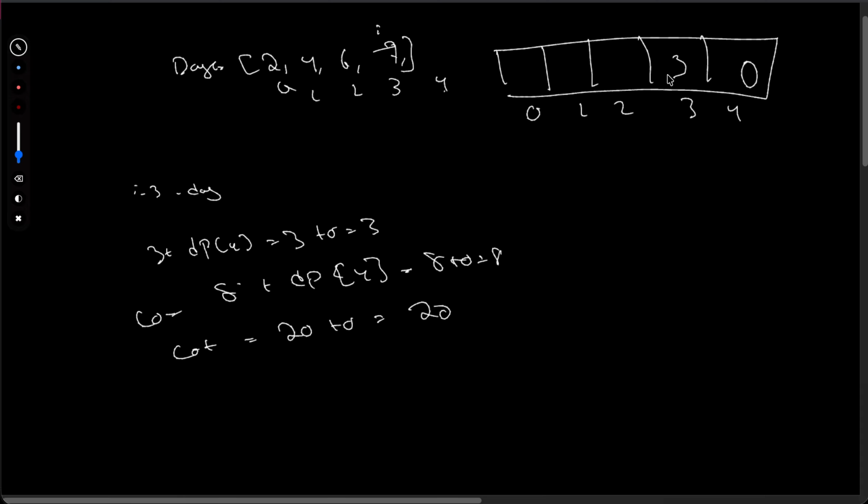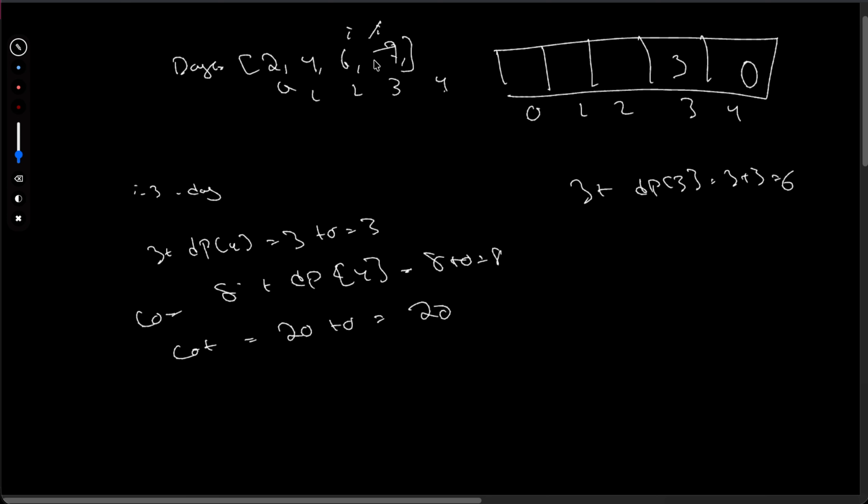Now i comes here. On day 6 we have covered 6 days only. So next uncovered day is 7, index 3. So cost of 3 plus dp of 3, 3 plus 3, it was 6.